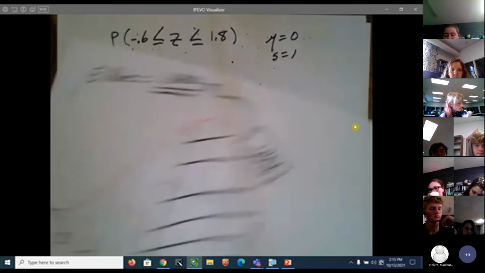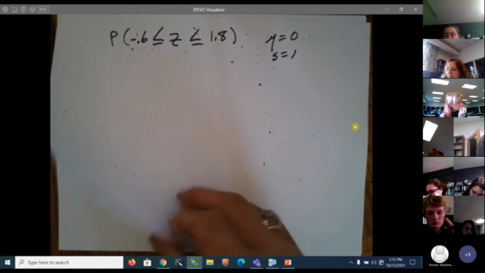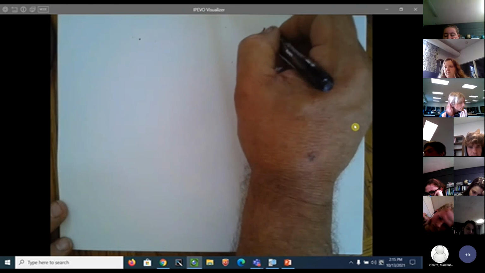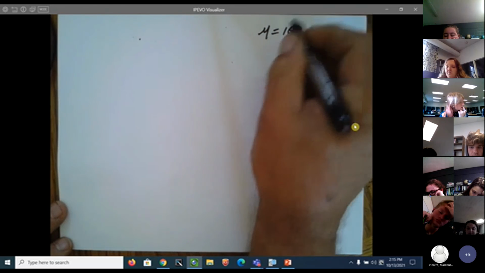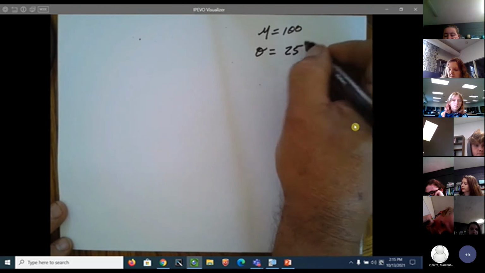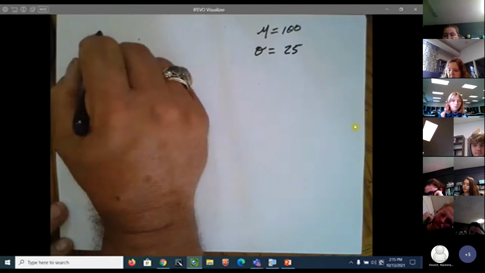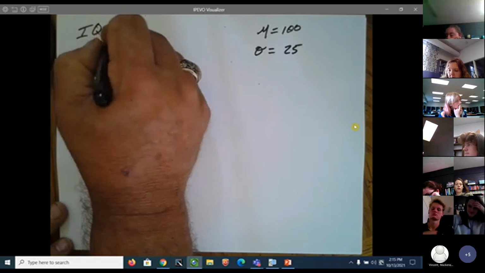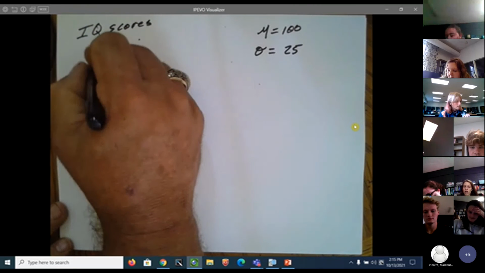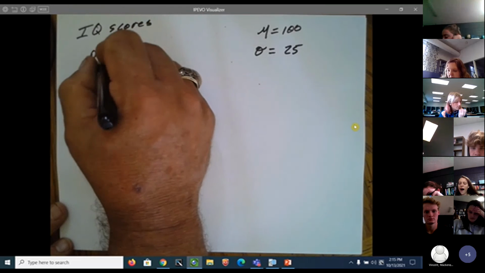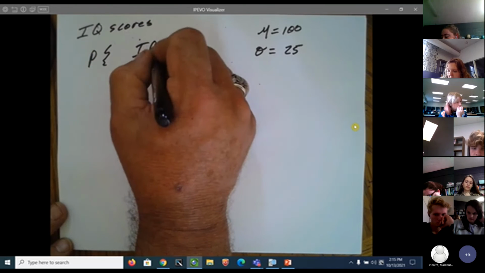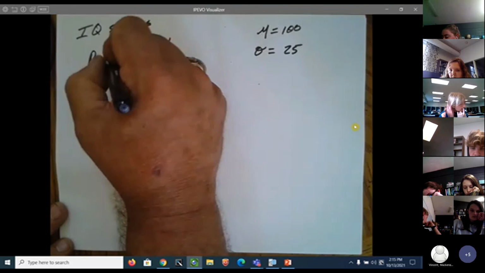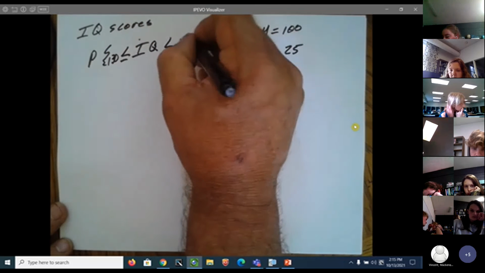Now let's do one that has a mean of 100 and a standard deviation of 25. So we've got a mean of 100 and a standard deviation equal to 25. And let's say these are IQ scores. We want to find the probability of your IQ score falling between 130 and 150.